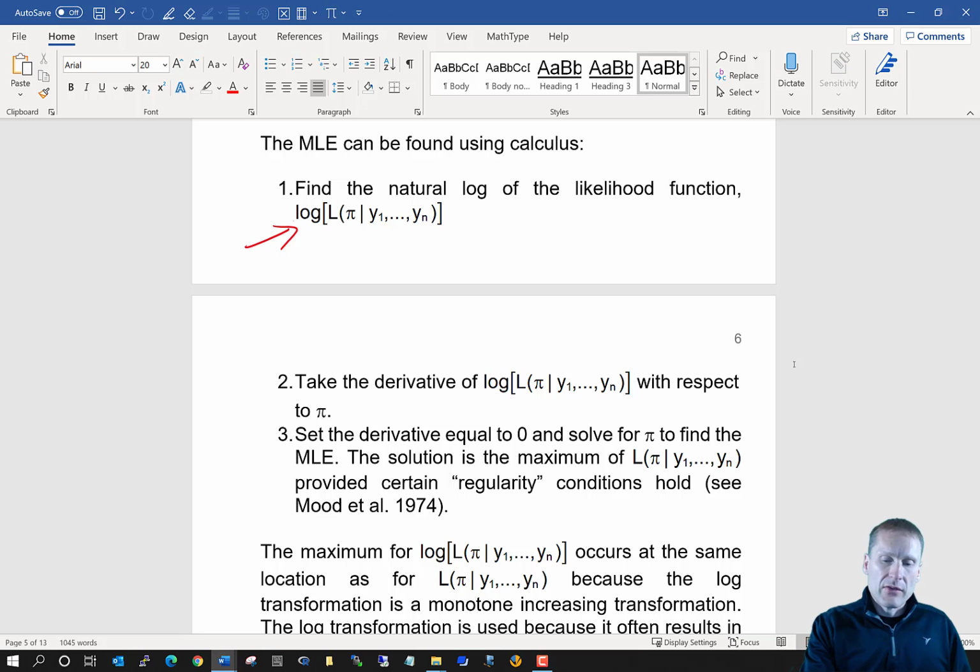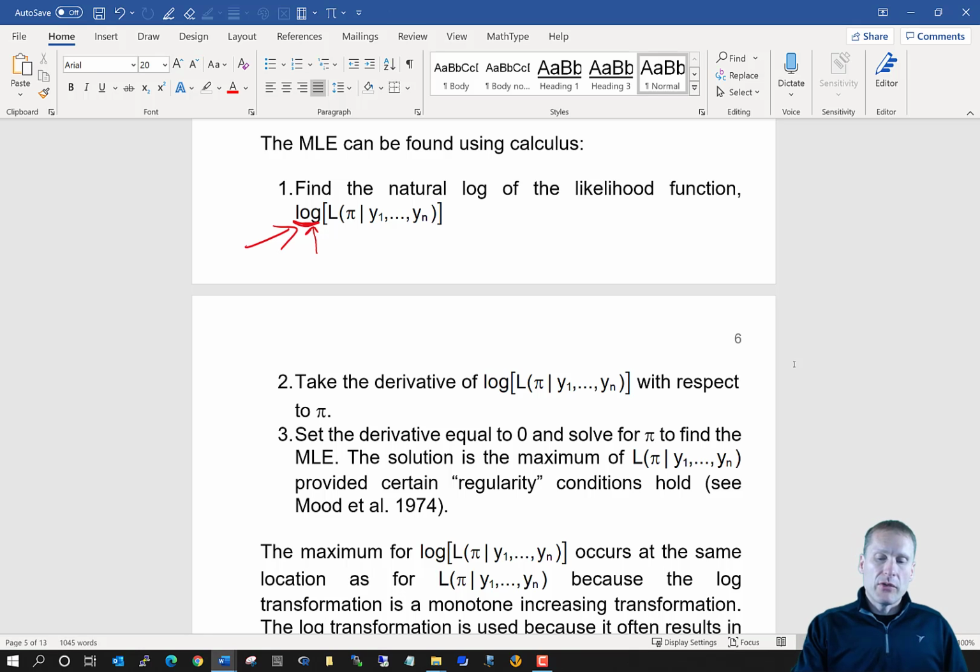And note that whenever in statistics you see log there, and obviously there's log base 2, there's log base 10, there's a whole bunch of other ways to use a logarithm. Typically in statistics, whenever you see log, that will mean natural log. So please realize that. So we take the natural log of the likelihood function.